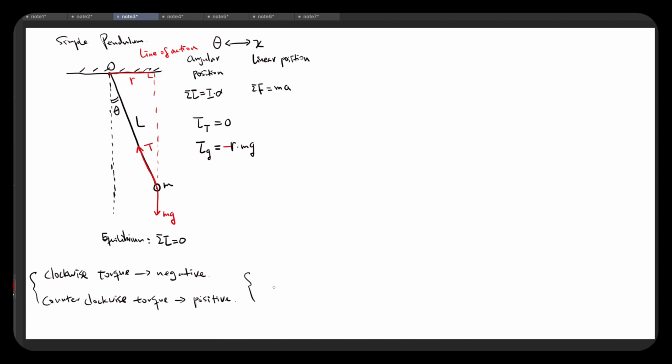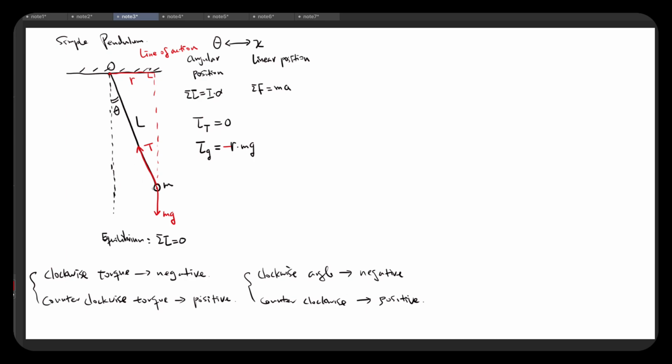So let's say we're looking at a clockwise angle, then it's negative. And counterclockwise angle is positive. So let's look at some examples of this angle here.